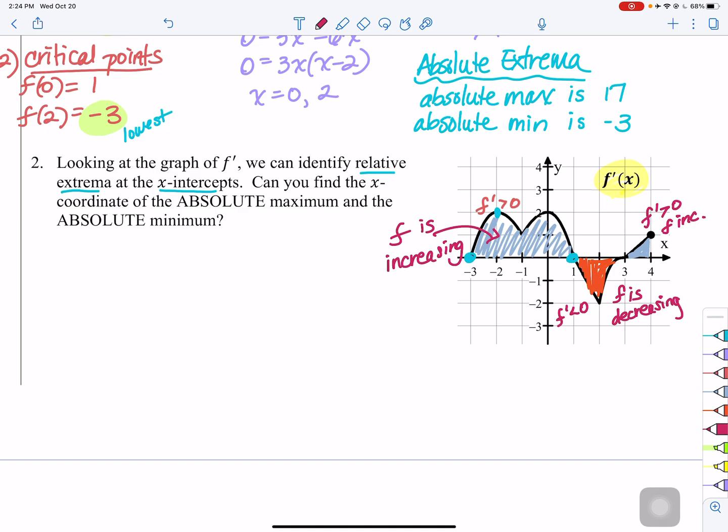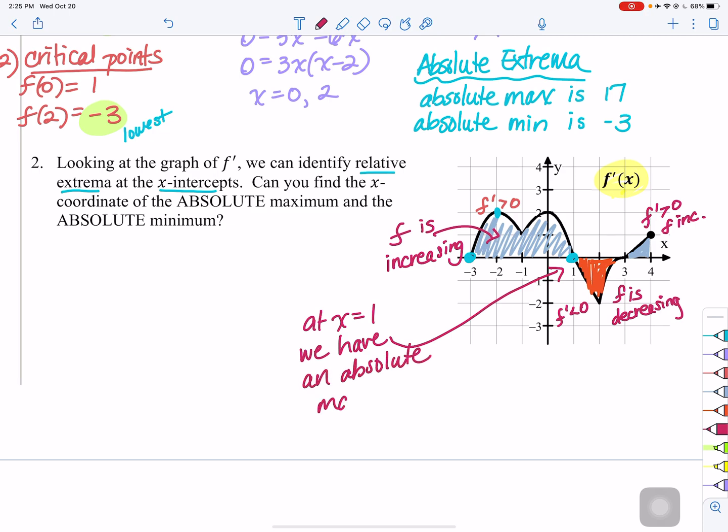So what we think happened is that here at x equal to 1, we have an absolute max.